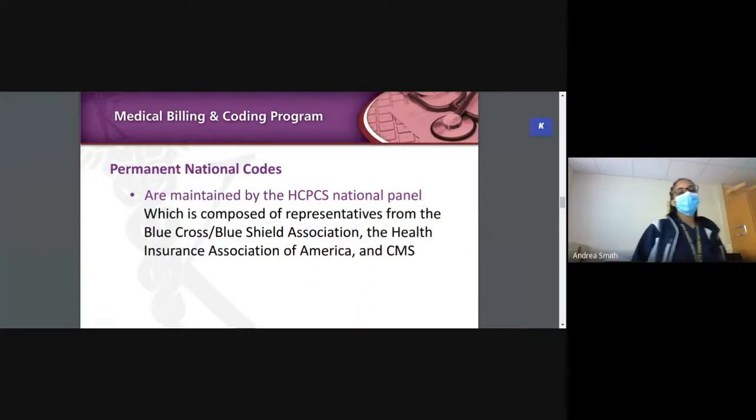Your permanent national codes are maintained by the HITPIX National Panel, which is composed of representatives from the Blue Cross Blue Shield Association, the Health Insurance Association of America, and CMS.